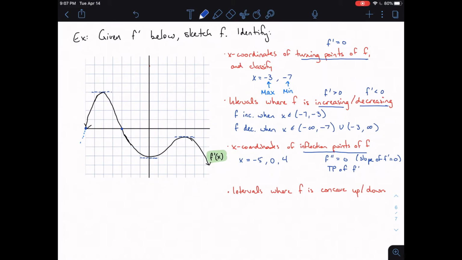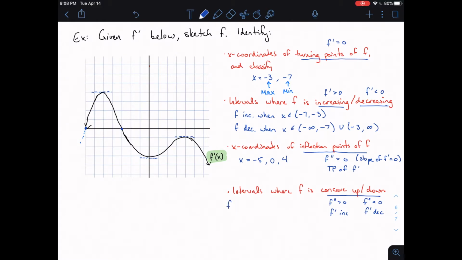Sure enough, intervals where f is concave up or concave down. This is where the double prime is either positive or negative. Thinking about that connection between f prime and f double prime again, that means that f prime is increasing or f prime is decreasing. Remember that we're increasing and decreasing based on the maxima and minima, my turning points.